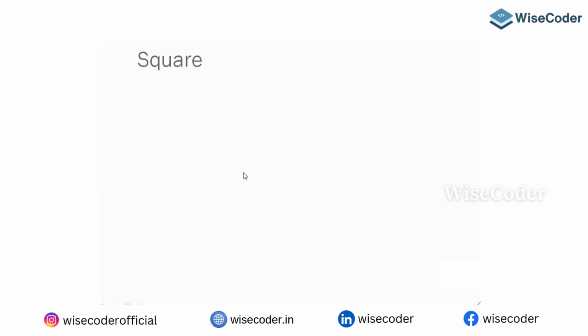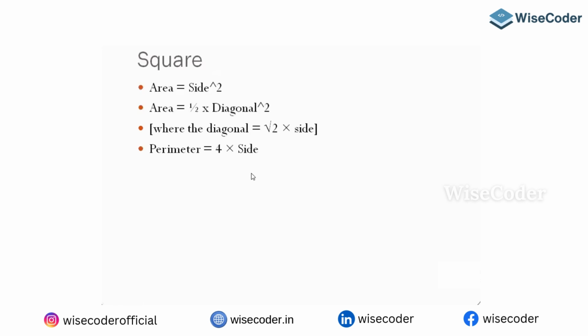Square formula for area is equal to side square, because when all 4 sides are the same, only then we call it a square. Area is also equal to half into diagonal square, if you know the diagonal. That's what I have written here. And the perimeter is nothing but 4 into side.